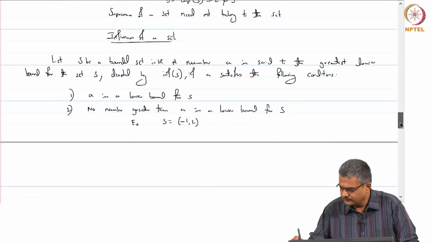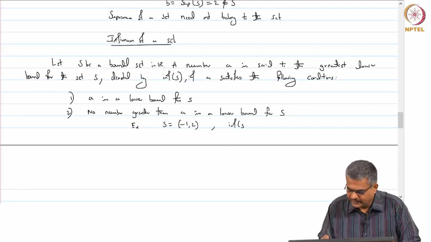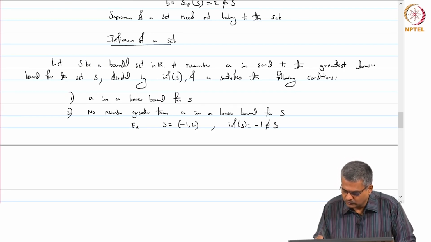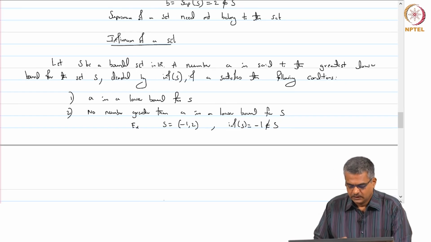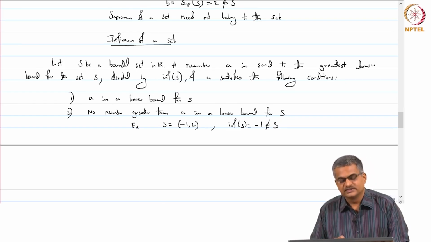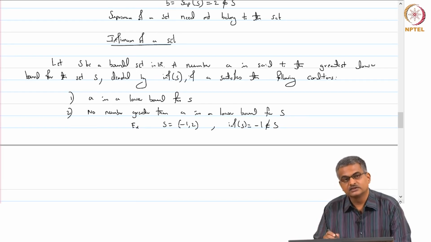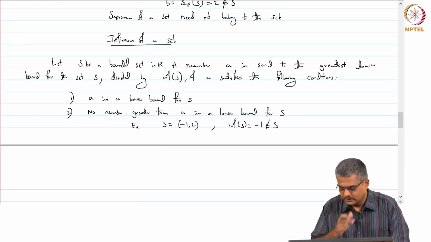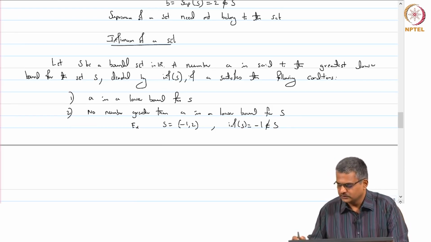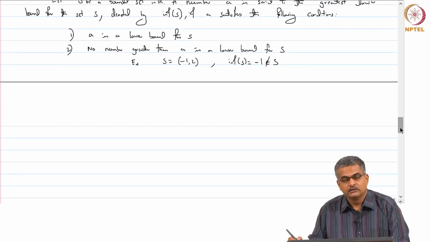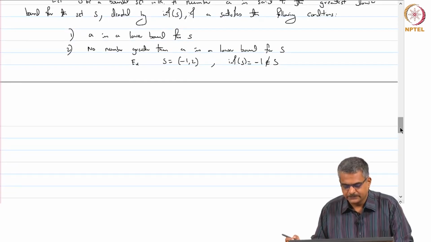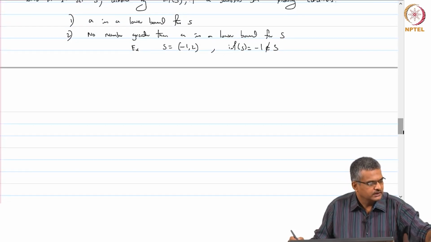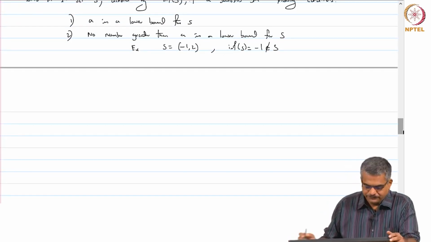So, here the infimum of S is -1 and this number does not again belong to the set S, right, because that is the greatest lower bound for the set S. There is no number greater than -1 which is a lower bound for the set S. So, again here as I said the number -1 does not belong to set S. So, the infimum of a set need not necessarily belong to the set S, right. So, let us take some more examples to illustrate the notion of supremum and infimum, right.